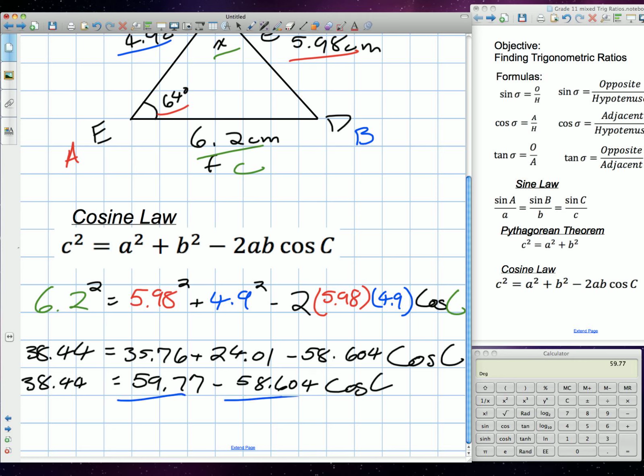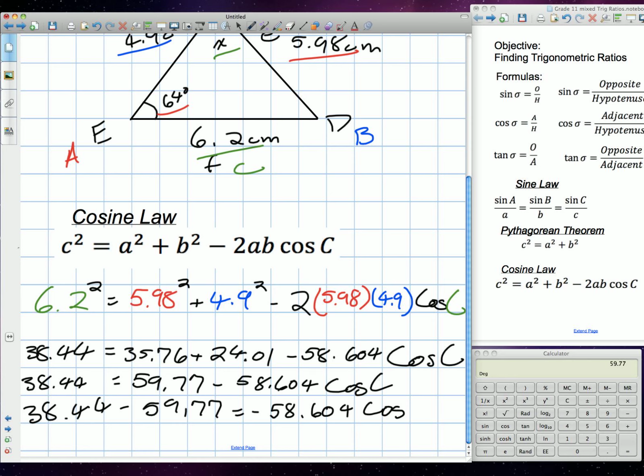This is multiplied by cos C, so we can't subtract them according to BEDMAS. We're going to move 59.77 to the other side of the equation. 38.44 subtract 59.77 is equal to, what's on the right side? Good. It's still negative. Negative 58.604 times cos C.